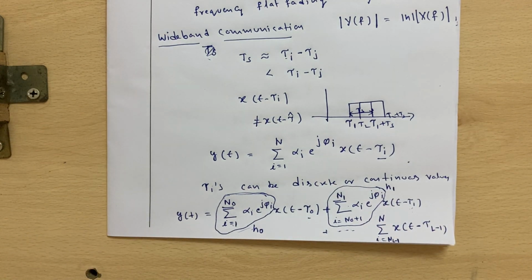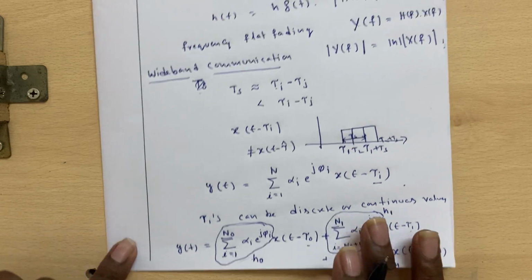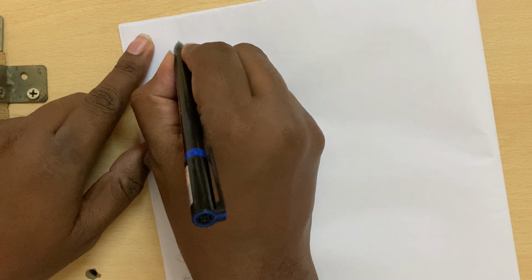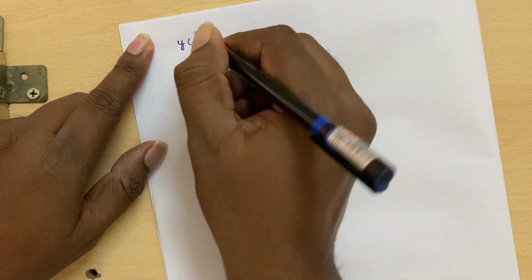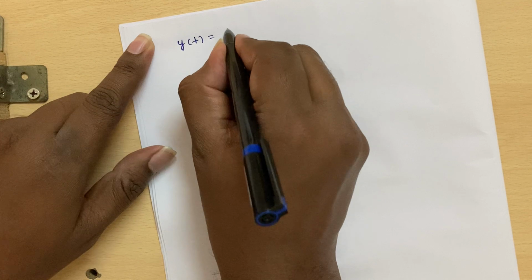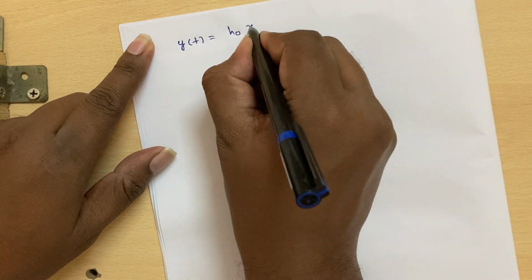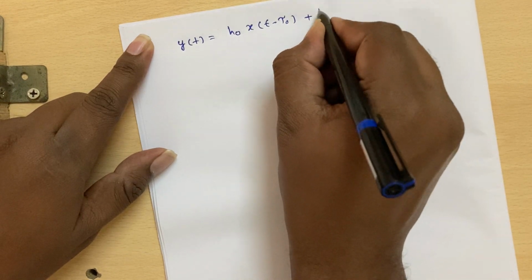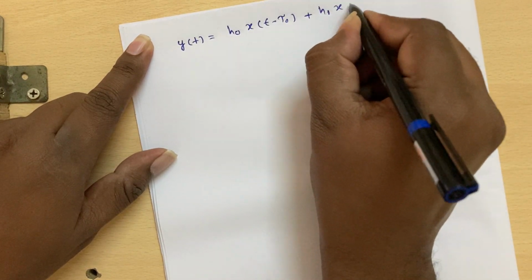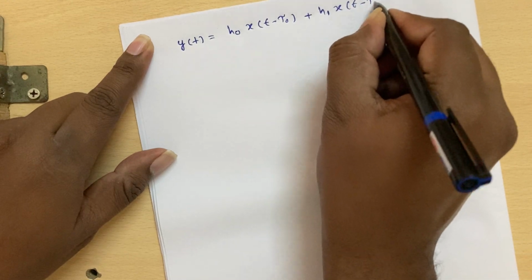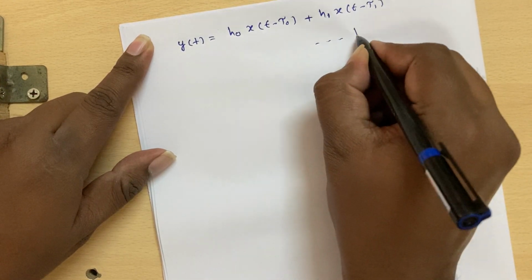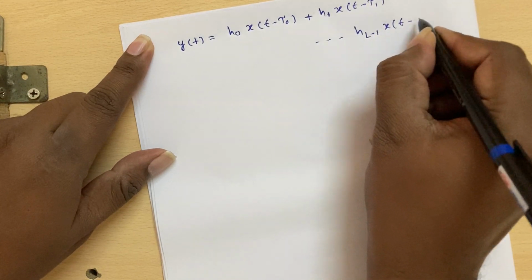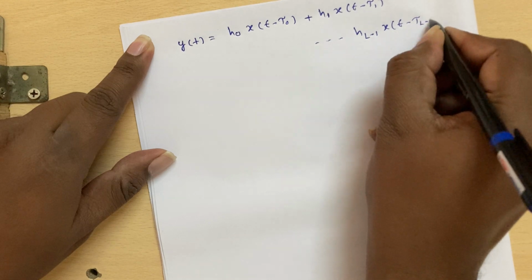Now with this simplification, I can write y of t for wideband communication as: y of t is equal to h naught into x of t minus tau naught, plus h1 into x of t minus tau 1, and it goes up to h l minus 1 into x of t minus tau l minus 1.